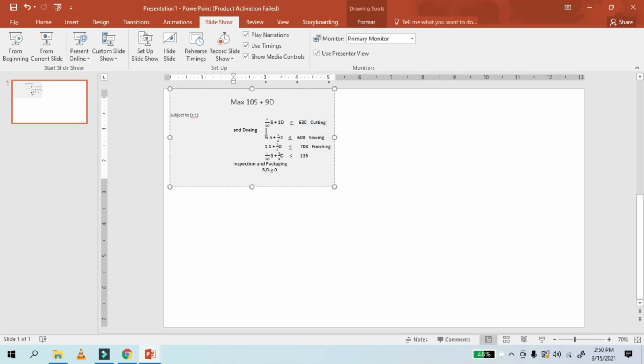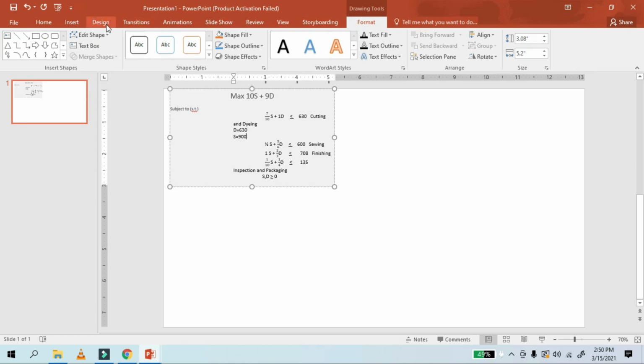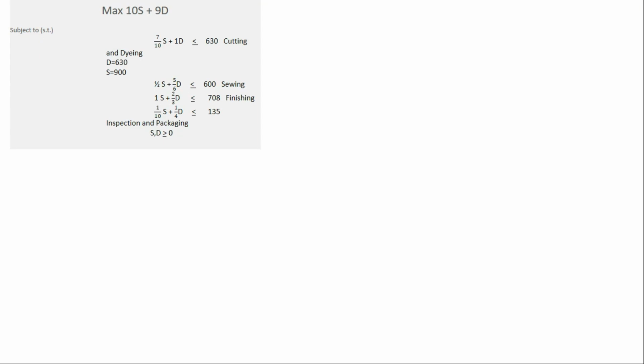What we said earlier is that for the cutting and dyeing, the deluxe is equal to 630 and the standard is 900. So let's try to graph that with the x and y axis.